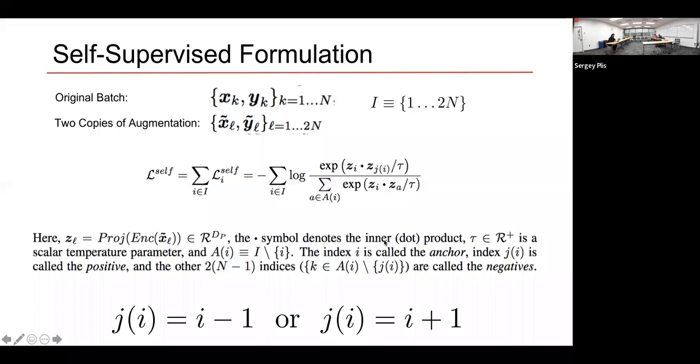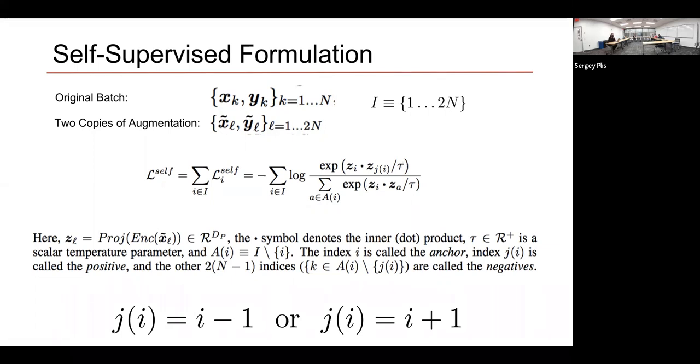For example, it is the ith sample from these twin augmented samples, and the rest of the samples are called A of i. They pick each sample from the batch and contrasted.